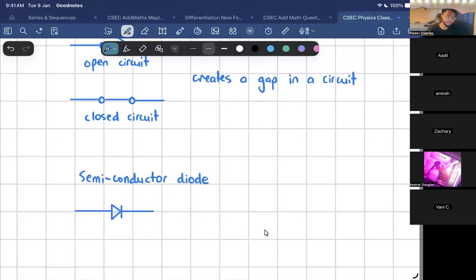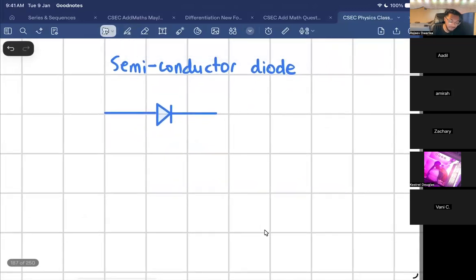Think of a circle: what does semicircle mean? Half of a circle, right? And when you hear the word conduct, you think of something conducting what? Electricity, energy. So a semiconductor diode conducts kind of like halfway, if that makes sense. So let me explain. For a semiconductor diode, you have something called a forward bias and a reverse bias.